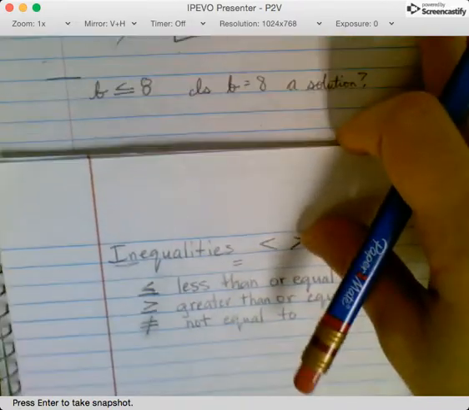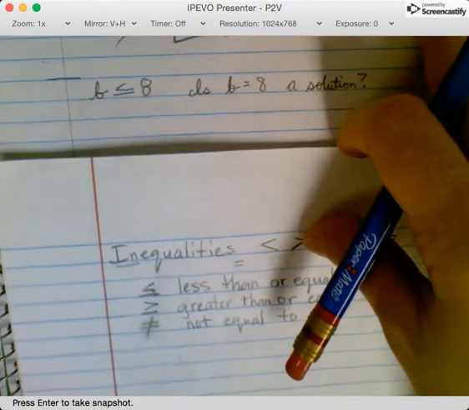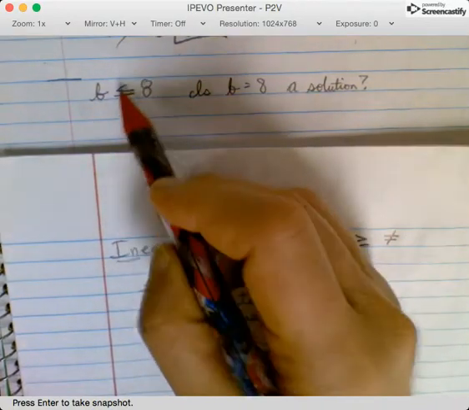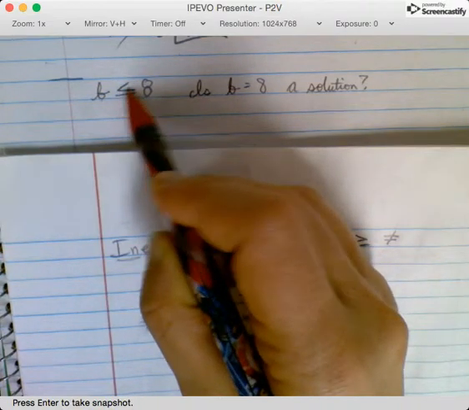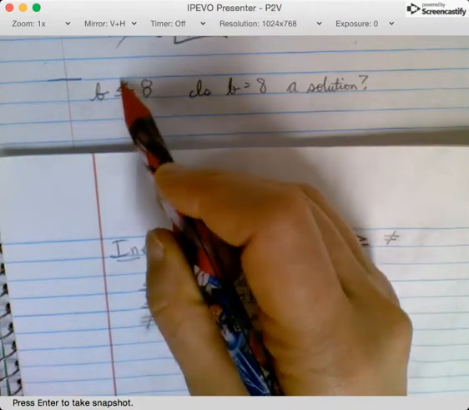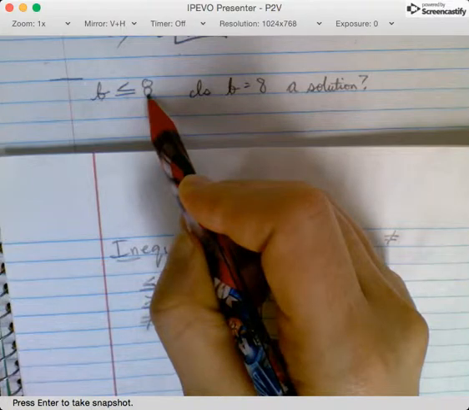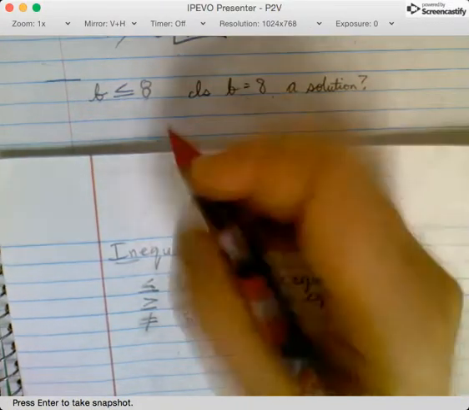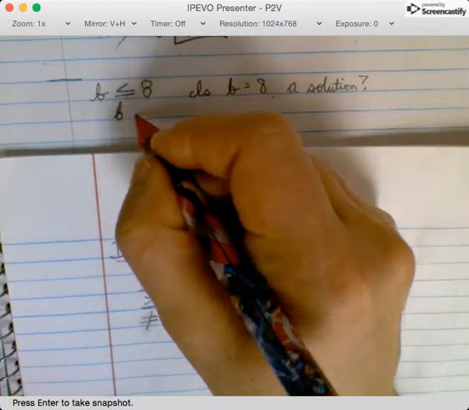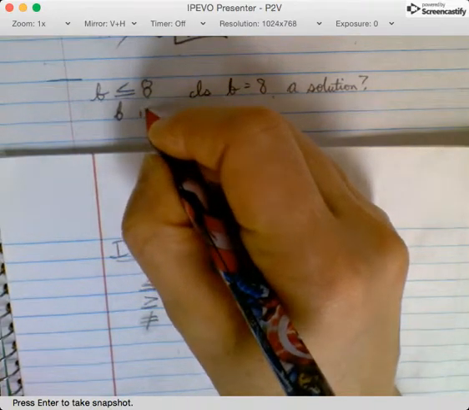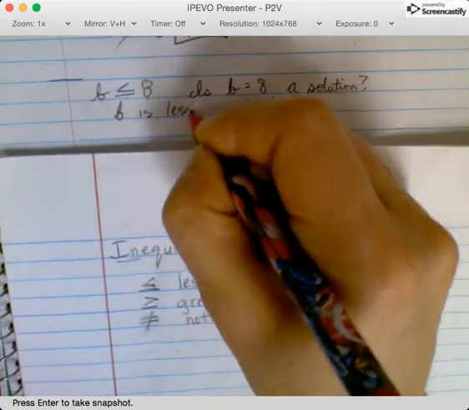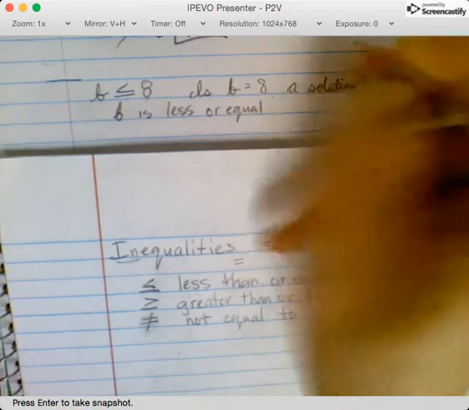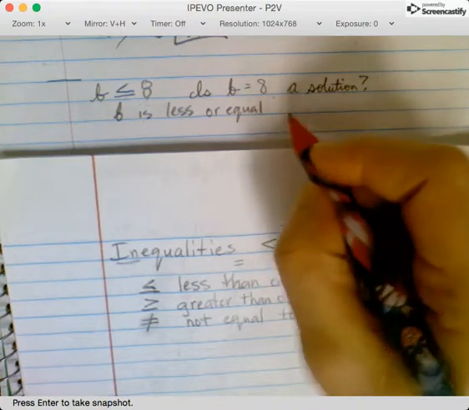Here's another example. I have b is less than or equal to 8, with the line under the sign. So is b equals 8 a solution? If we think about that, b is less than or equal, that means it can be 8.